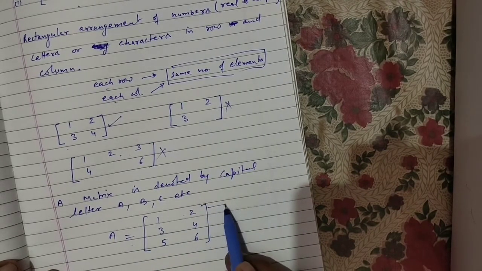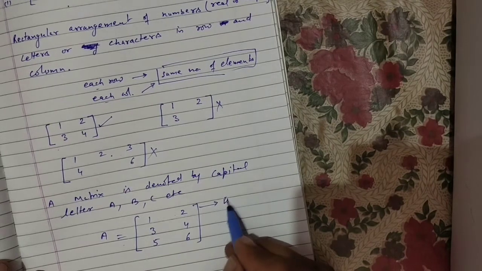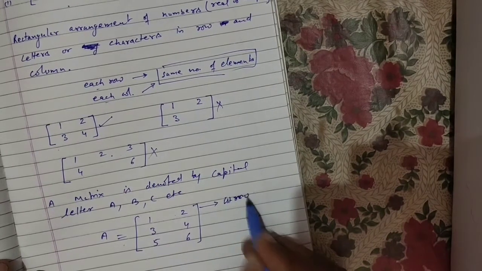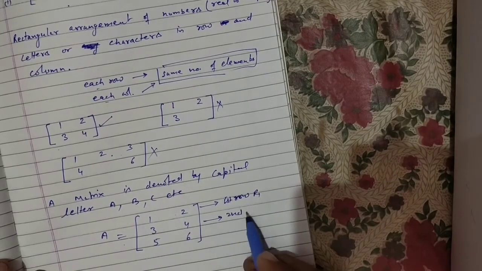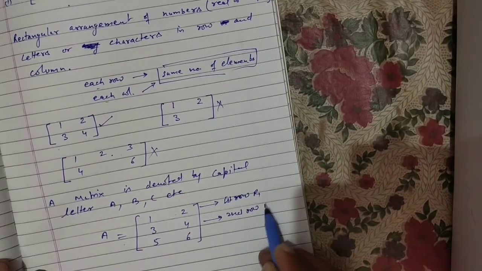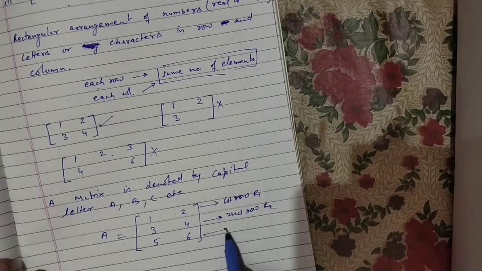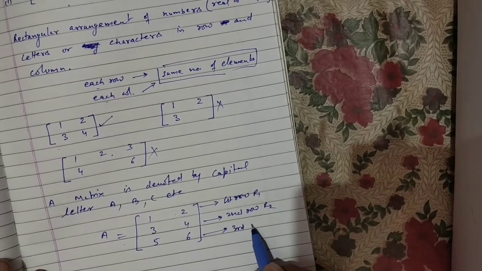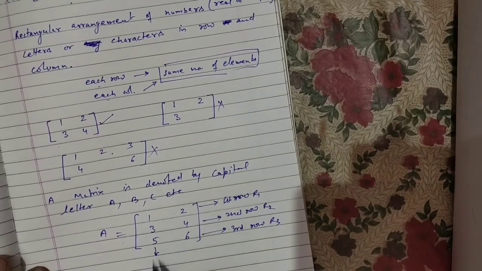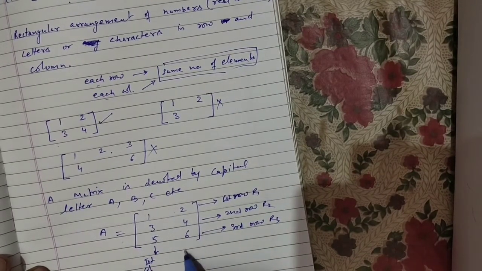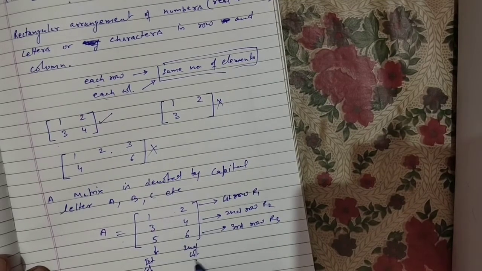This is the first horizontal line, the first row. Second row. This is the third row, R3. This is the first column, C1, second column, C2.